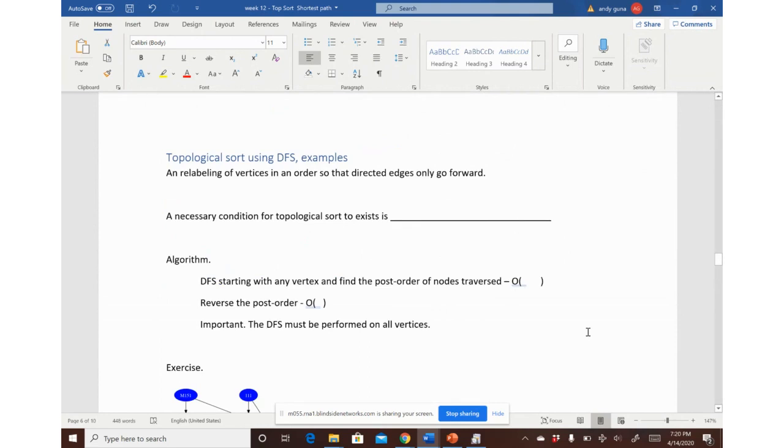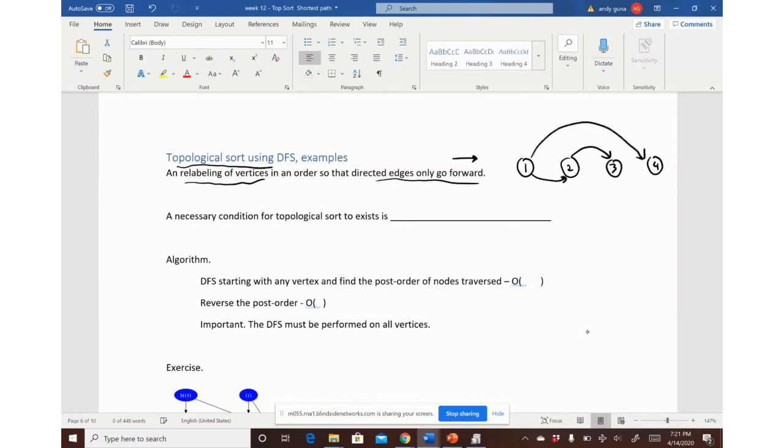So we also talked about the topological sort. I want to say a few more things about that. The topological sort is essentially a relabeling of the vertices in an order so that directed edges only go forward. Essentially, you try to relabel the nodes 1, 2, 3, 4 in the graph so that you will only have edges going in this manner.